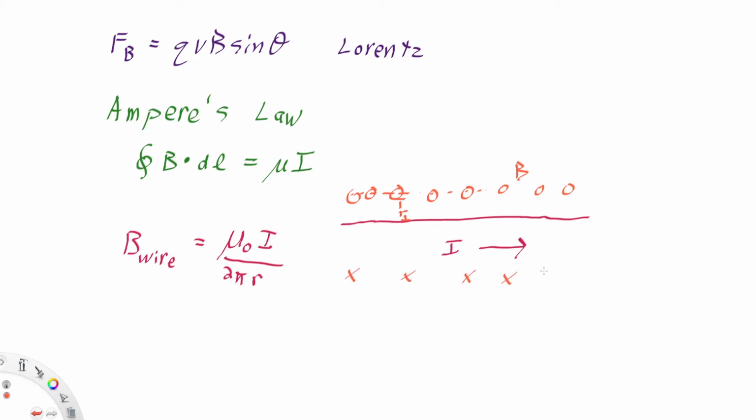So the B fields curl around the wire in a circular loop. If we were looking end on, so here's the end of the wire, the direction of the B field is that way.